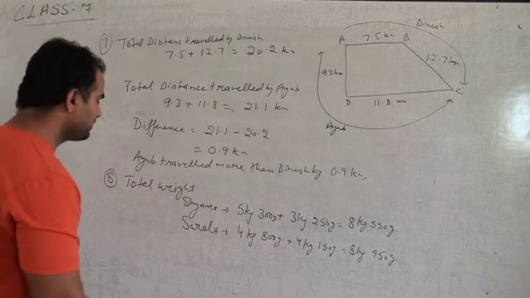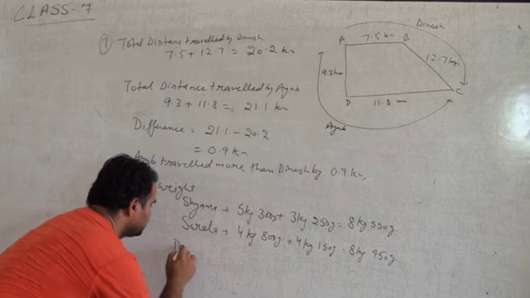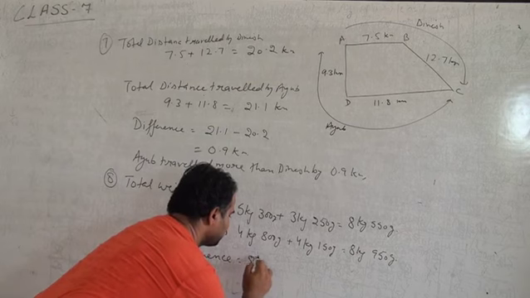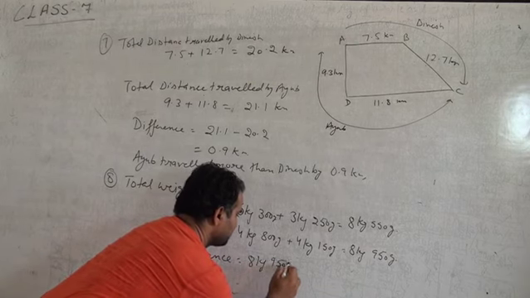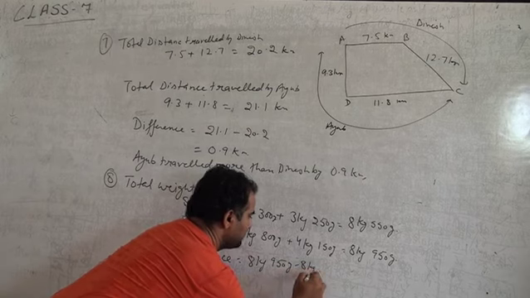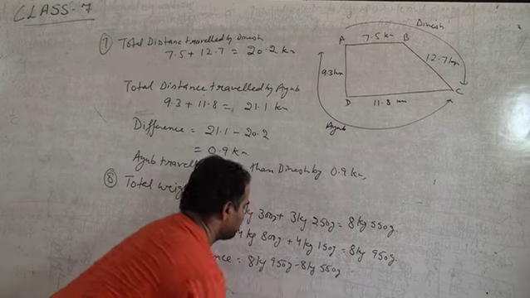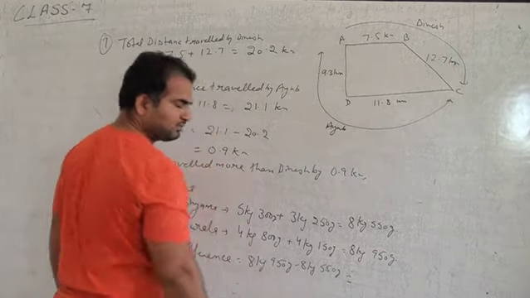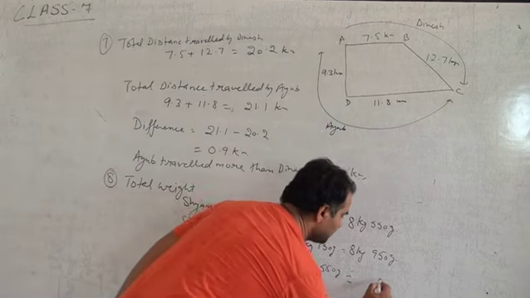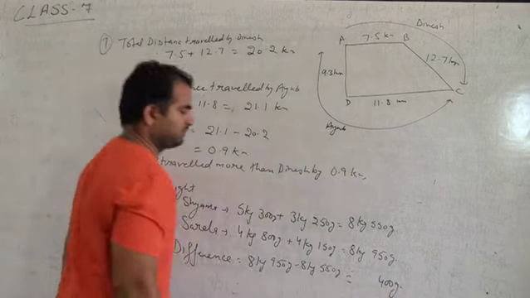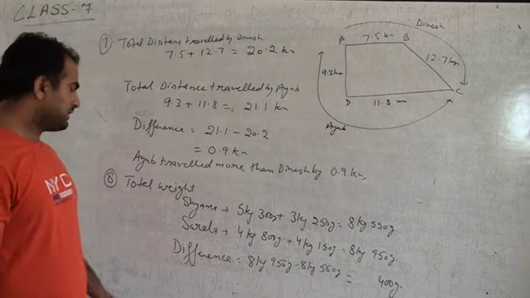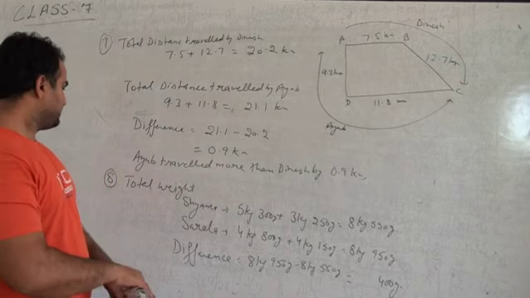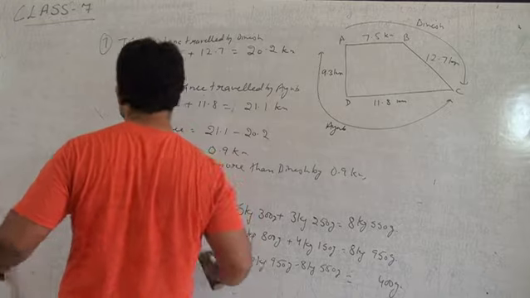The difference equals 8 kg 950 gram minus 8 kg 550 gram, so 950 minus 550 equals 400 gram. So the difference is 400 gram, and Sarla bought more.